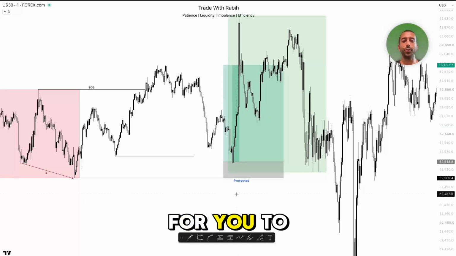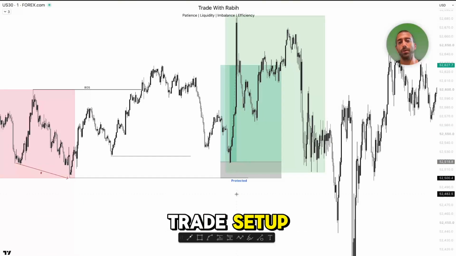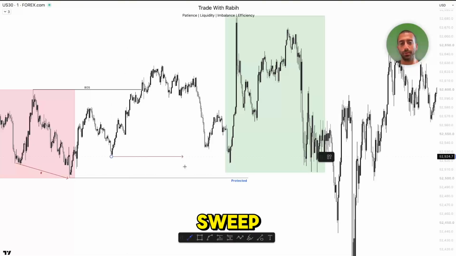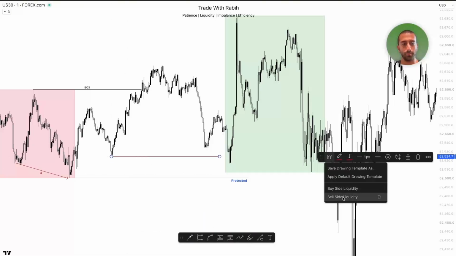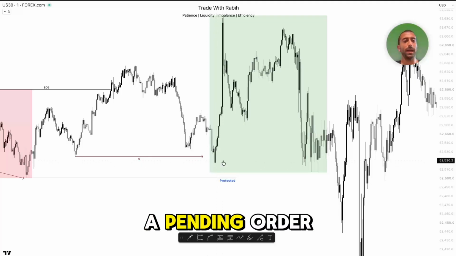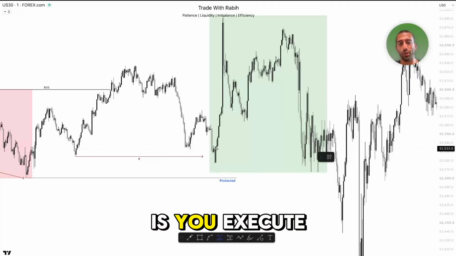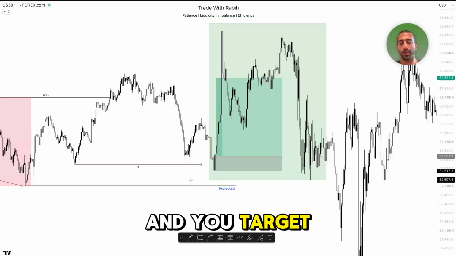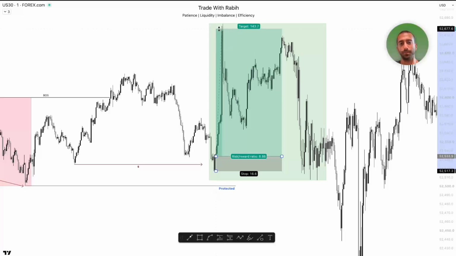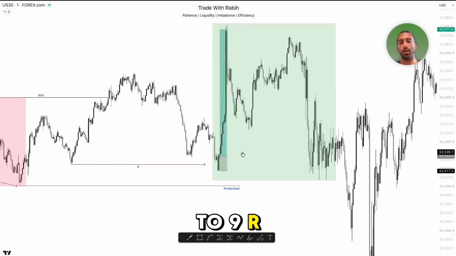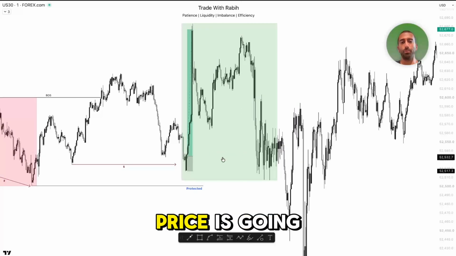So in order for you to catch a better trade setup, if you know that this is a protected and you know that this is the last liquidity sweep, the moment price comes here, instead of having a pending order, what you do is you execute from here and you target the next objective. And you see here you can catch an easy 1 to 8 or 1 to 9 RR setup if you know where price is going.